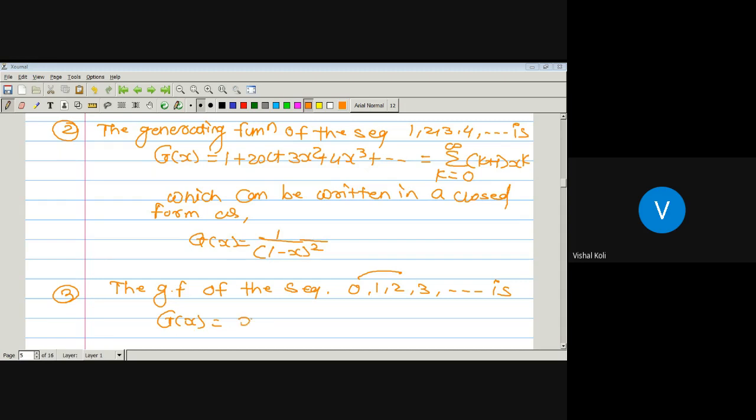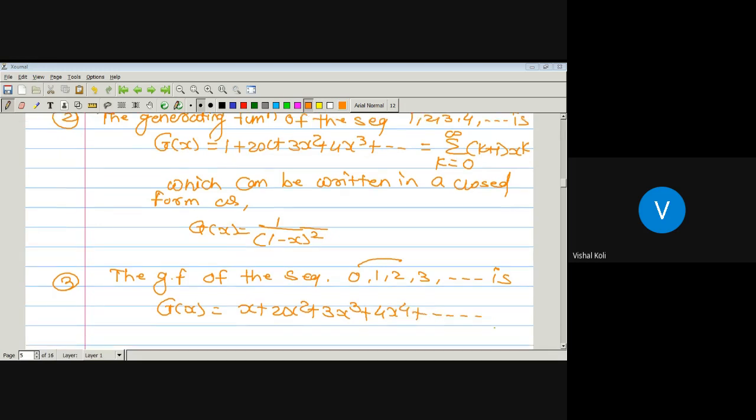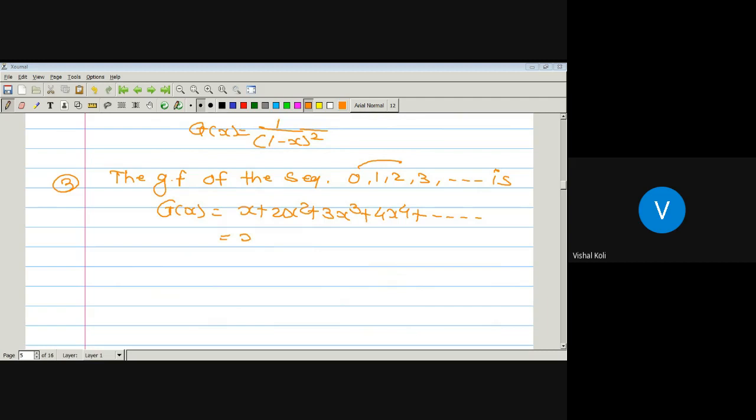Which is x, plus the second term will be 2x square plus 3x cube plus 4x raised to 4 plus and so on. So actually it is nothing but x into 1 plus 2x plus 3x square plus 4x cube plus and so on. Then what is its closed form?